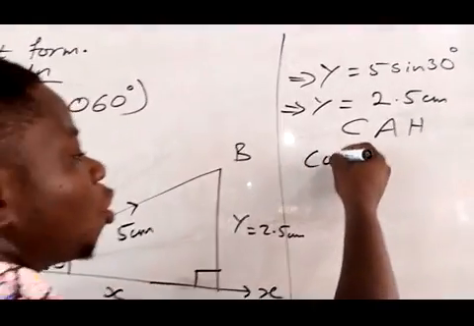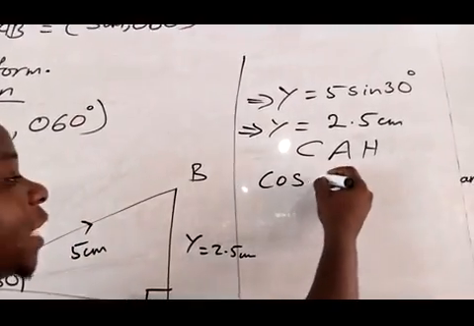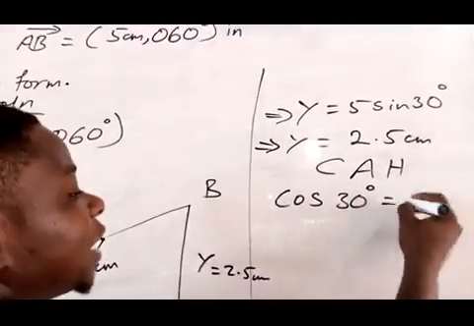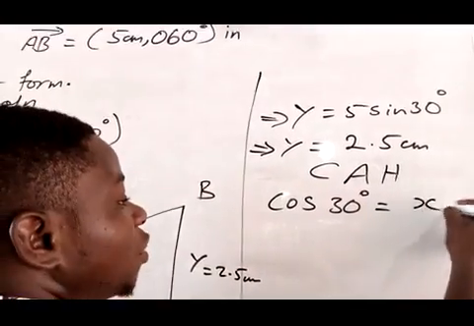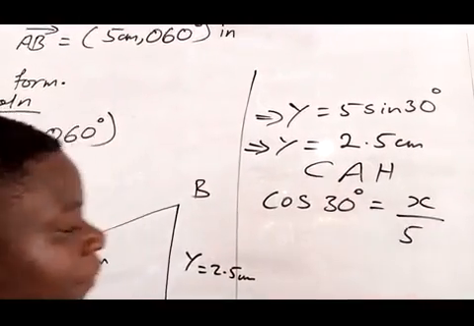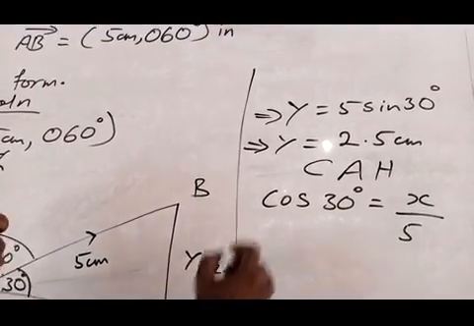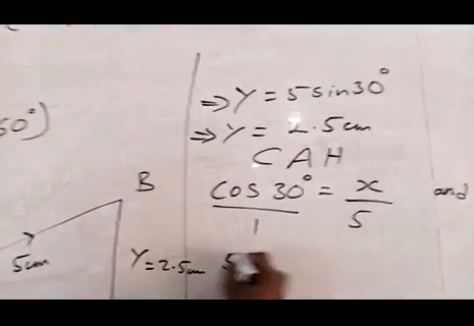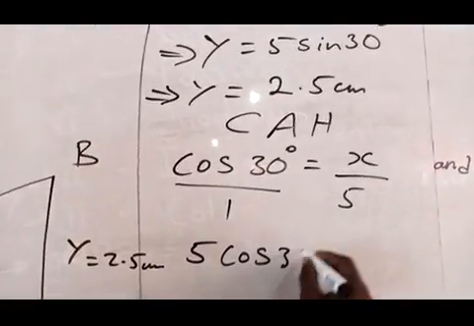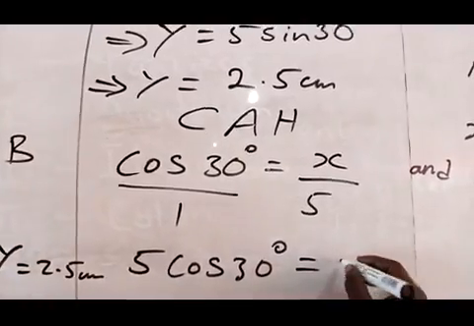So it is going to be cos 30 degrees equals adjacent, which is x, over hypotenuse, which is 5. So once again, we cross multiply. This is over 1. So when we cross multiply, we have 5 cos 30 degrees equals x.